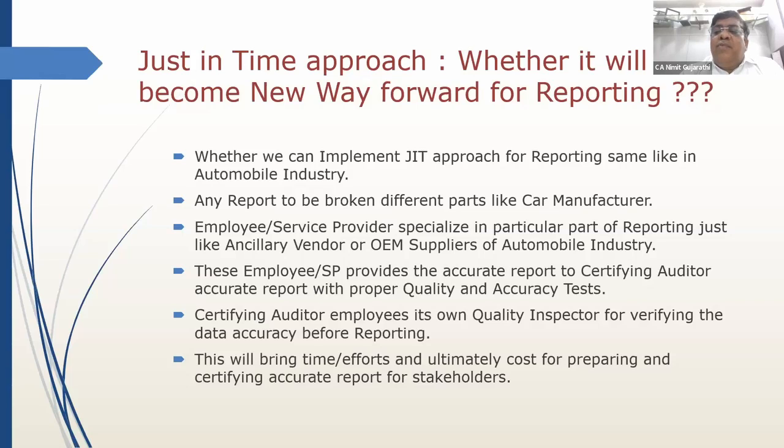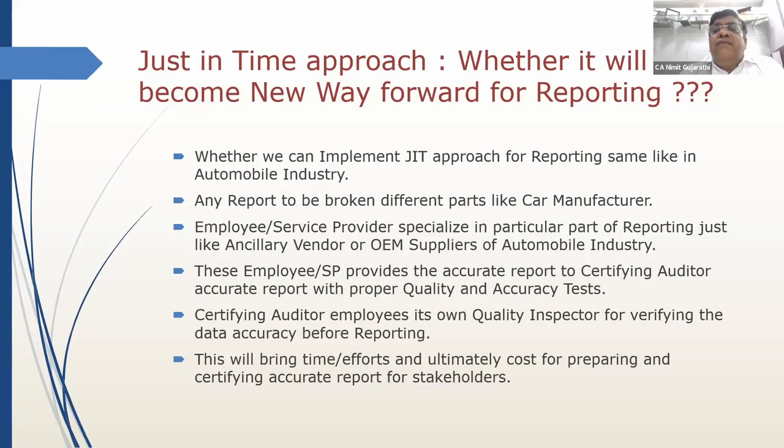So for that report preparation, we need different sets of data which relate to company law, indirect taxes, direct taxes, or basic information. All this information can be likened to the different parts from which the car is manufactured.